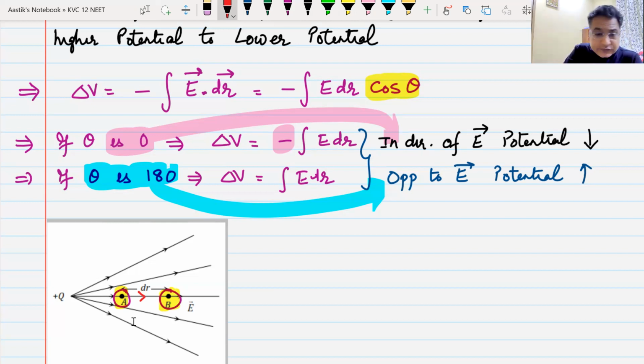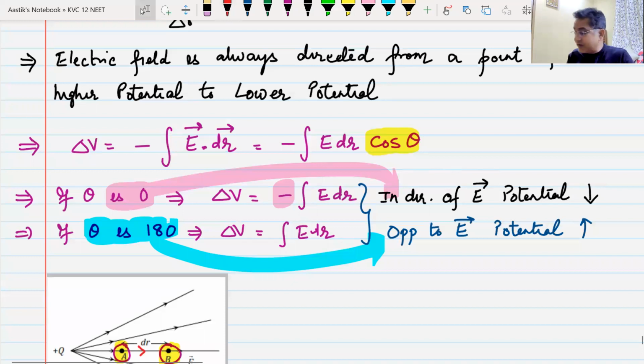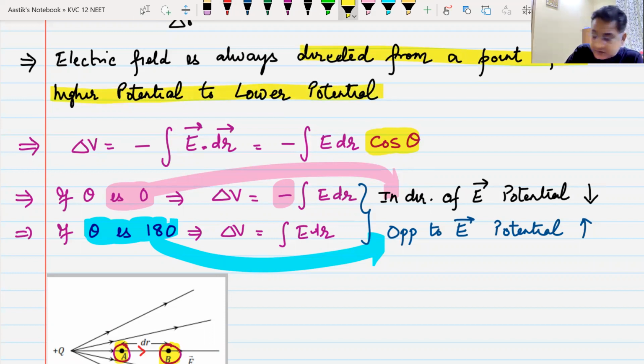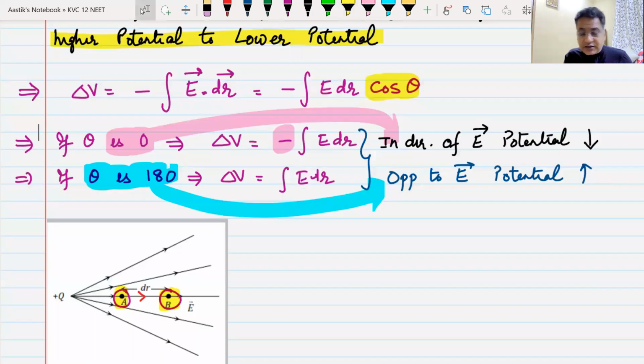I have written: electric field lines always go from a point of higher potential to a point of lower potential. Here we can see electric field lines are going from A to B, so A should be at higher potential and B should be at lower potential.